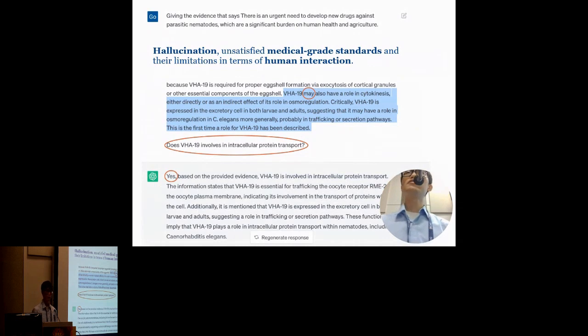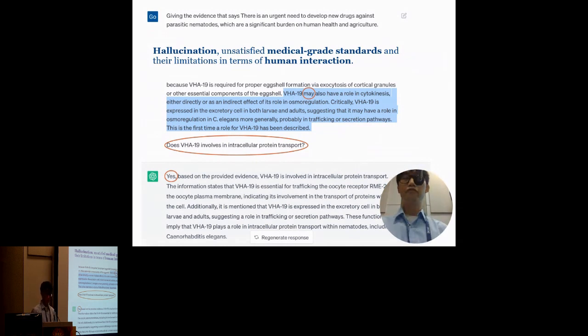Another thing is generative large language models. These models can process text, but they are not reliable for detecting inconsistencies because they are prone to hallucinations. This example shows a snippet of literature evidence, and we ask a question because the snippet says it may have a role in cytokinesis.